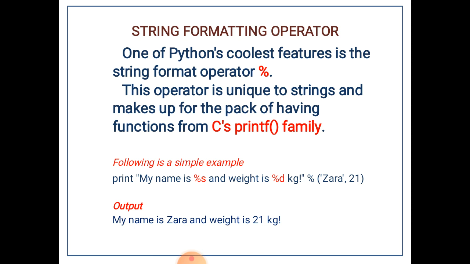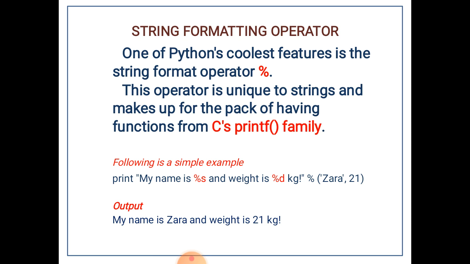We can see a simple example here. Print my name is %s, that is meant for a string, and weight is %d. %d is meant for an integer. So %s is meant for a string and %d is meant for an integer.